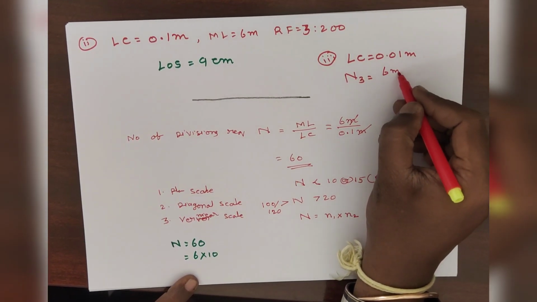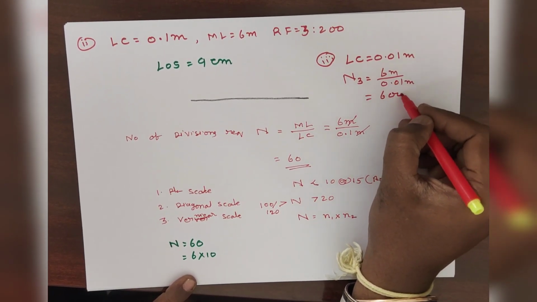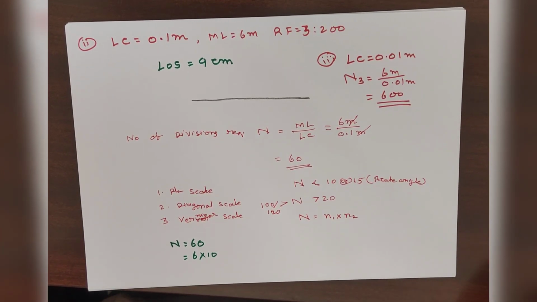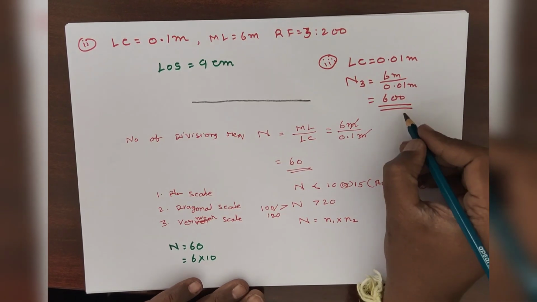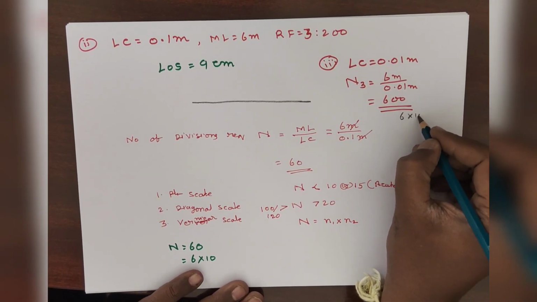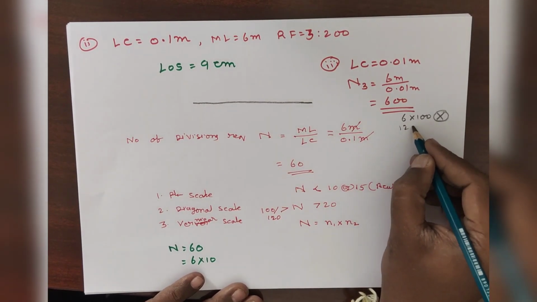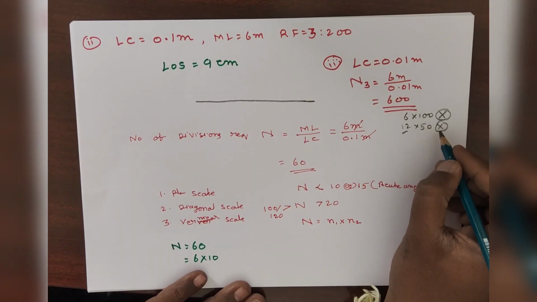Maximum length is 6 meters divided by 0.01 meter, that is equal to 600 parts we need. Sir, here how can we write 600? If you want to go ahead with 2 divisions only, then what will happen? 6 into 100, not possible, sir. And 12 into 50, sir, 12 is possible, 50 is not possible.